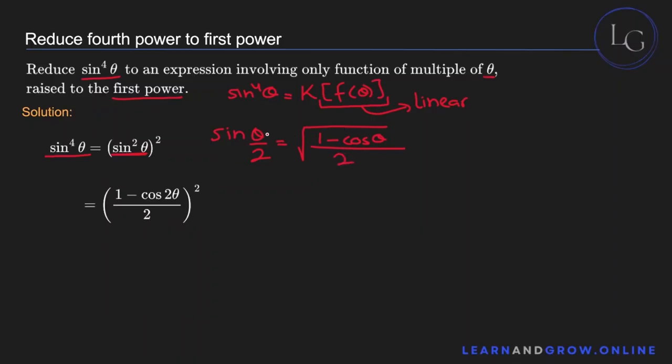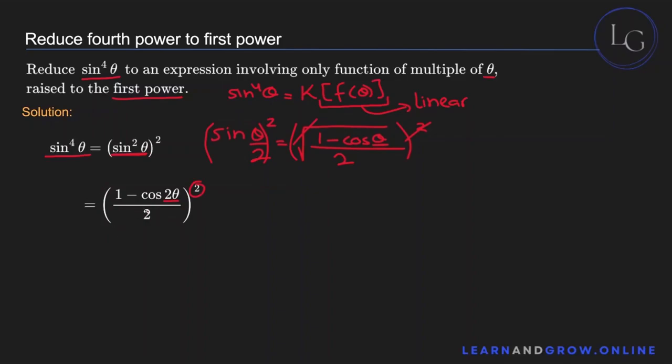And so now instead of this theta by 2 you have theta, so obviously instead of this theta you'll have 2 theta. Okay, and obviously since it's sine square theta, that means this entire term must be squared, so you can cancel out this square term. And so that's why you have 1 minus cos 2 theta over 2 instead of under root 1 minus cos 2 theta over 2.